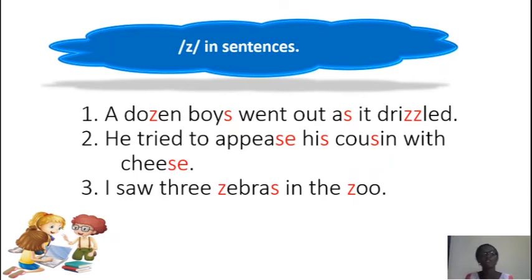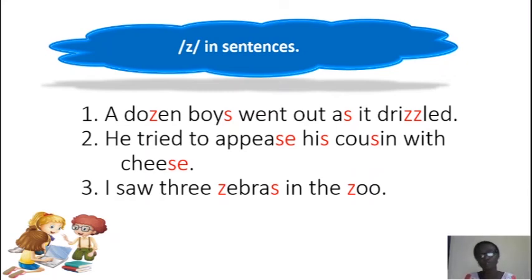So that tells us it's not just the letter Z having the Z sound. Now let's look at number 3. I saw 3 zebras in the zoo. So these ones in red show us where the Z sound is found.